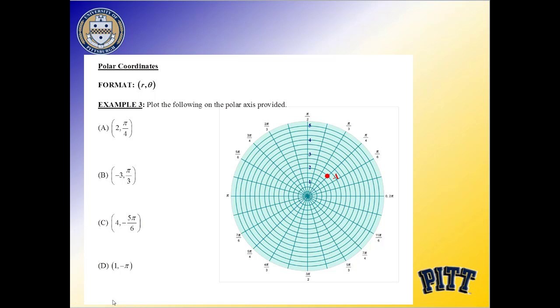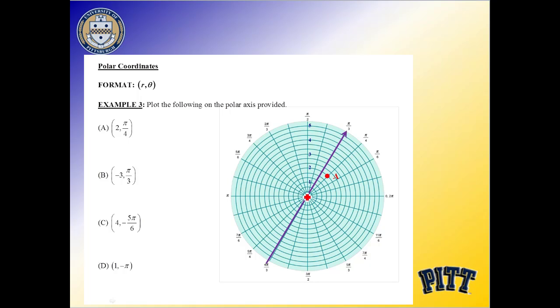If I want to do negative 3 comma pi over 3, again I locate where pi over 3 is. So pi over 3 would be up here, pointing in that direction. Again, the arrowhead indicates the positive direction, and the end of the arrow indicates the negative direction. So I want to move 3 units out, along this circle right here, but in the opposite direction of the positive.